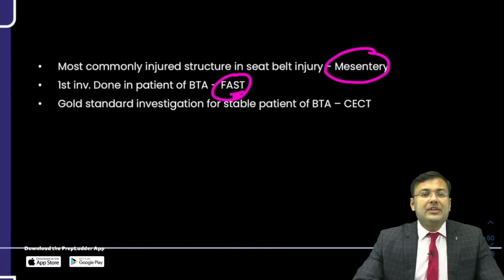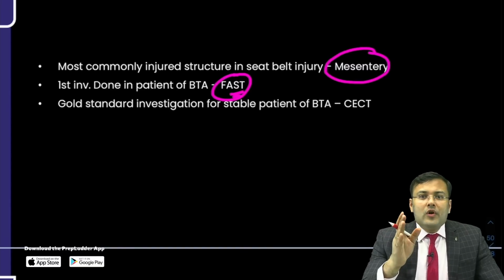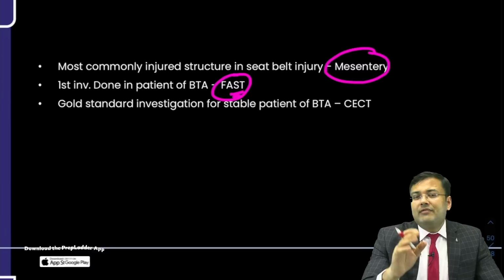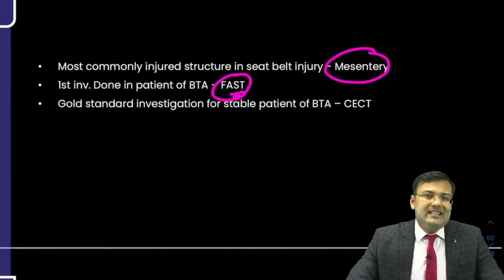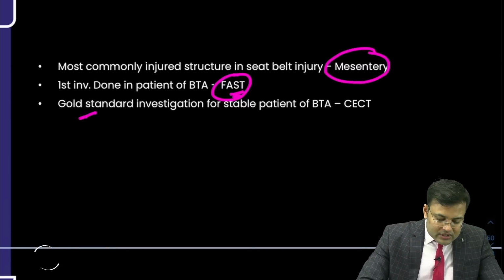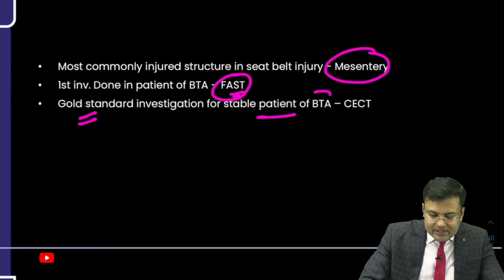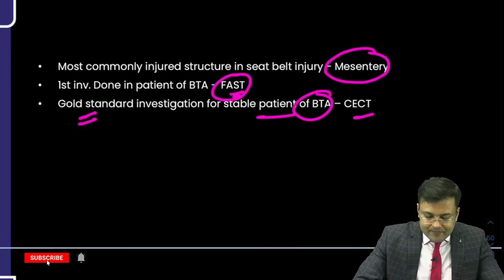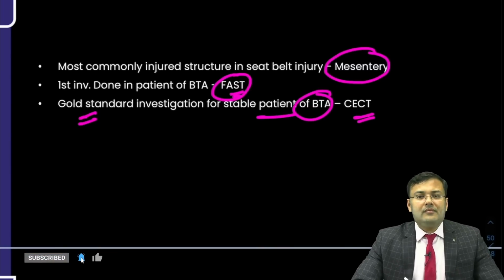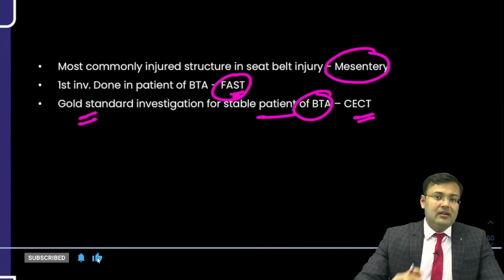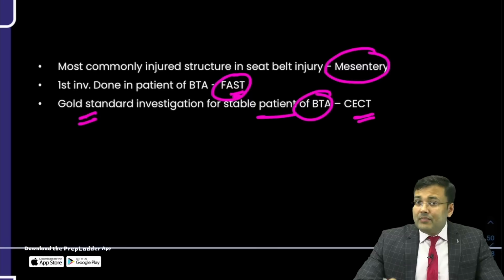Doesn't matter whether the patient is stable or unstable, we go for FAST. Second, only in stable patients we have to confirm the findings with CT. So, what is the gold standard investigation for stable patients of blunt trauma abdomen? CECT. That is CECT. Clear?